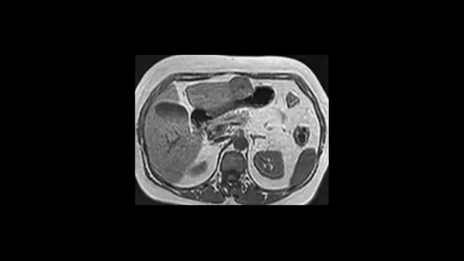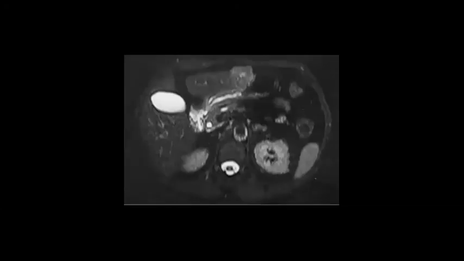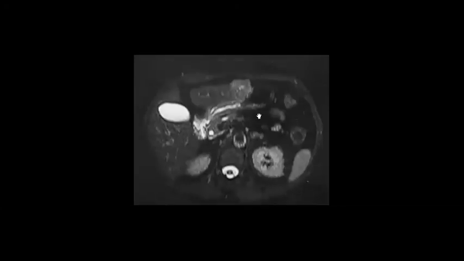In the T1 image, you can see that in the central area there may be low signal. In the T2 image with fat suppression, you can see that the central scar has high signal in T2, so low signal in T1, high signal in T2.